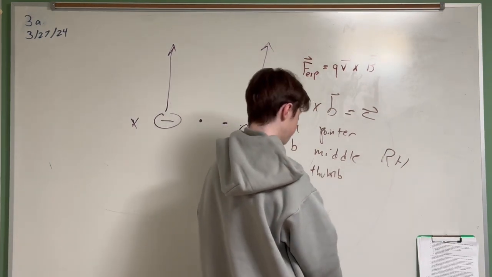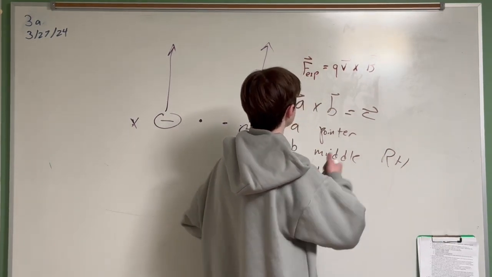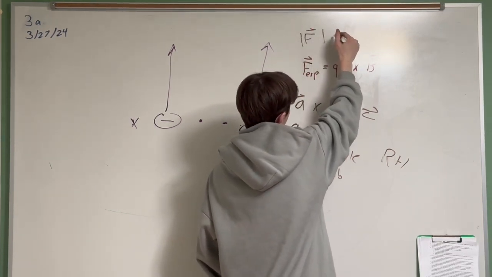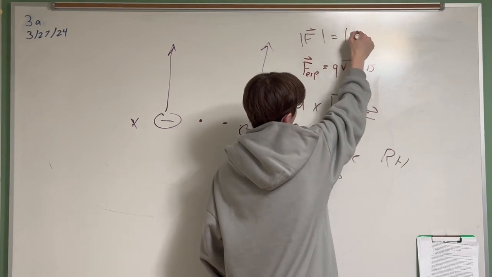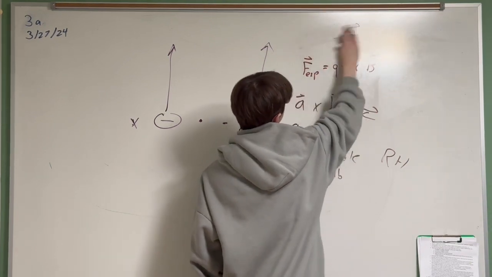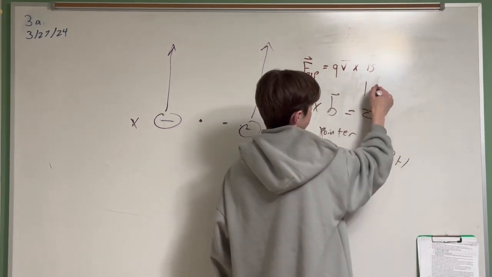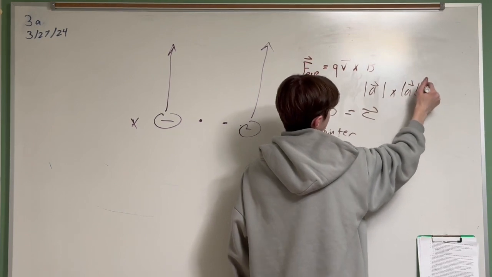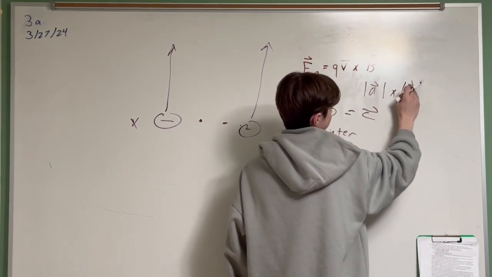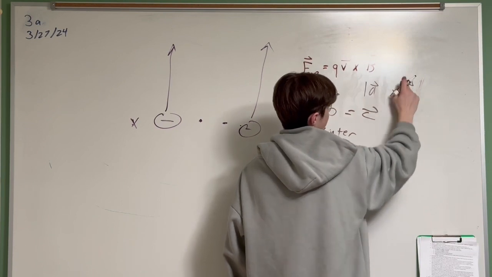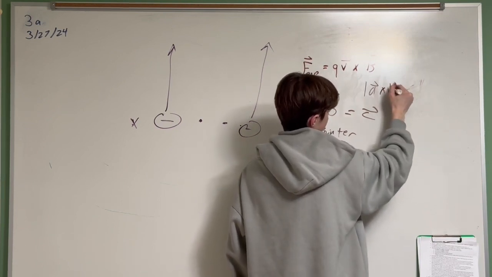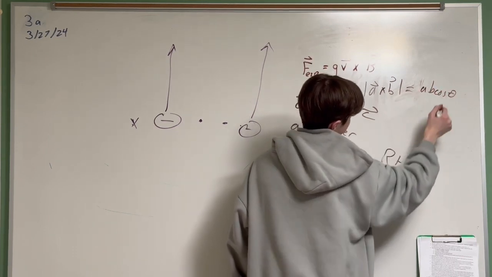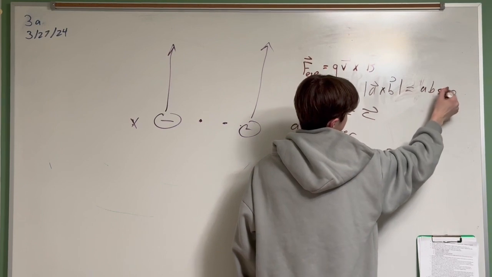So remember that the absolute value of A cross B is equal to AB sine of theta.